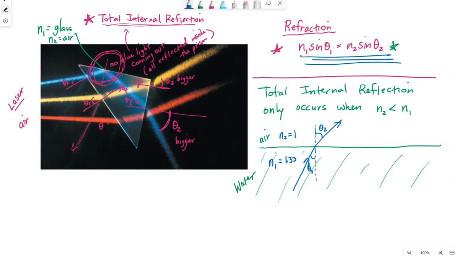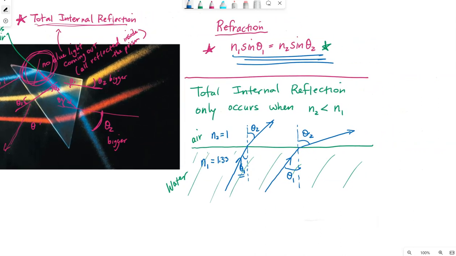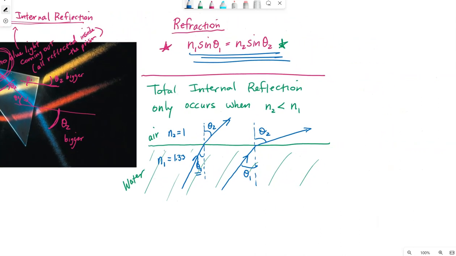Okay, well, I want you to now think, well, what if we increase? Let's make theta 1 bigger. If theta 1 is made bigger, theta 2 also gets bigger for the same reason. Snell's law still totally applies. Let me drag this to the side a little bit.